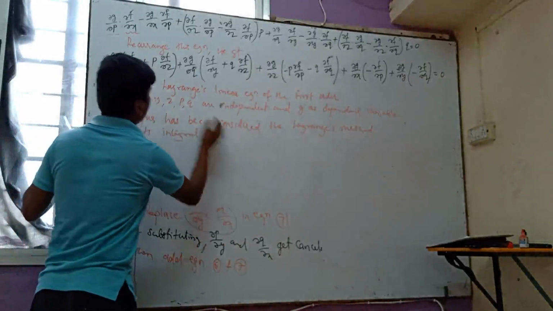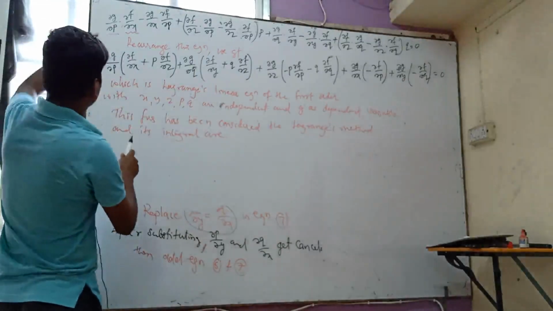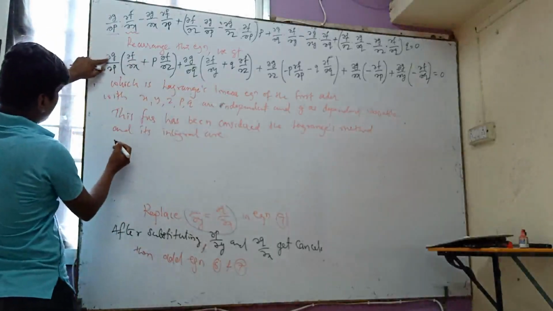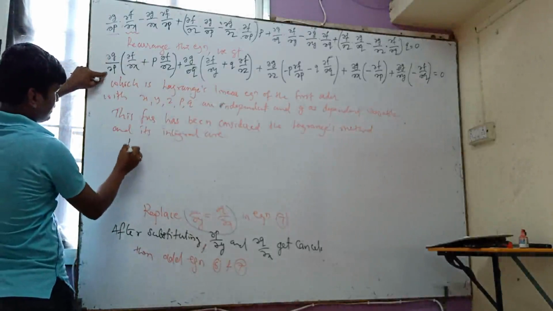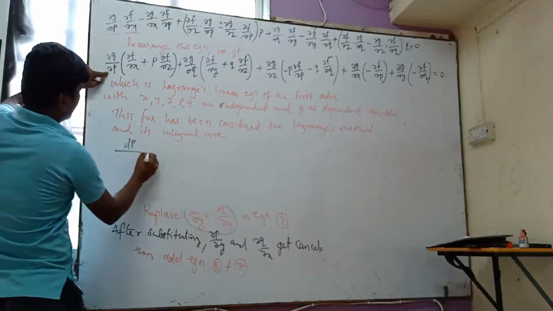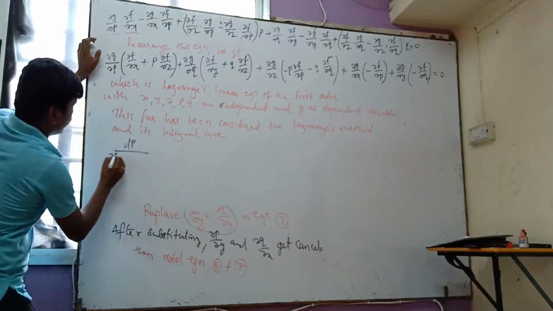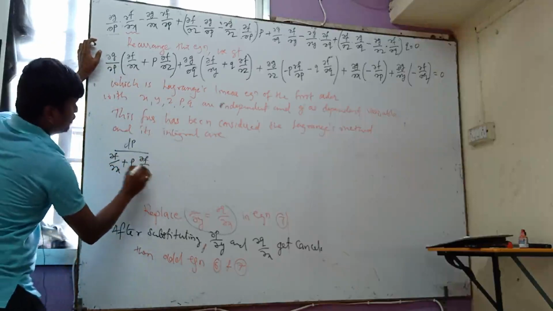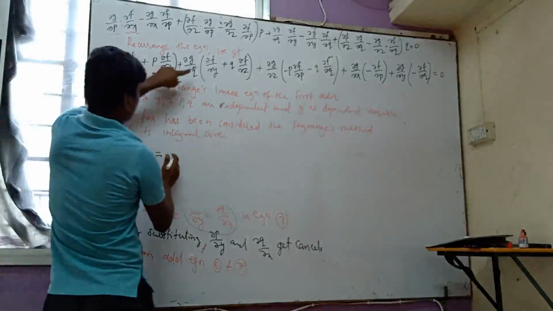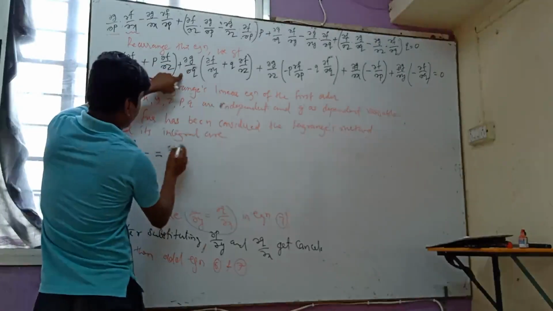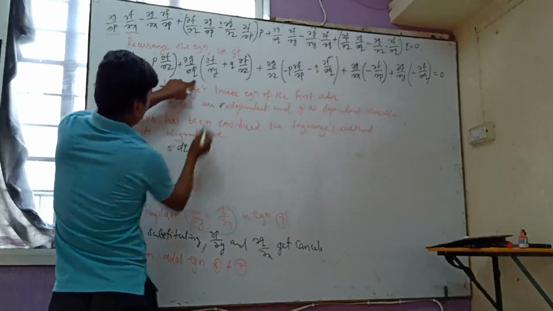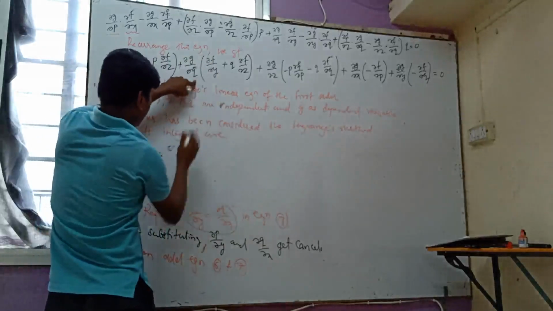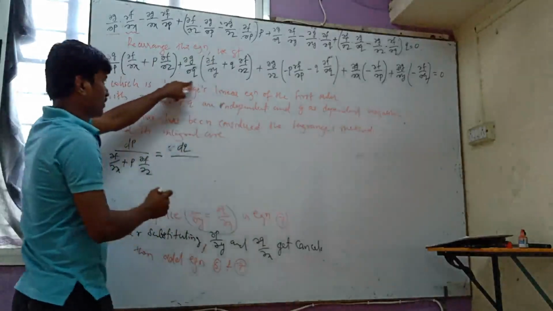I can write its integrals as the final equation. Here, ∂z/∂p is nothing but dp divided by ∂f/∂x plus p into ∂f/∂z, equal to dq. I already explained about this in the Lagrange's linear equation.